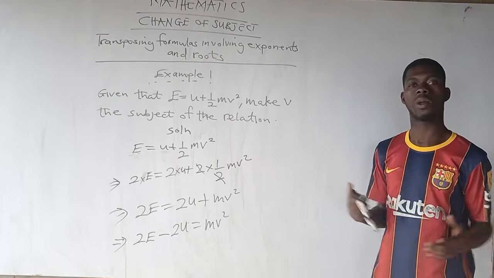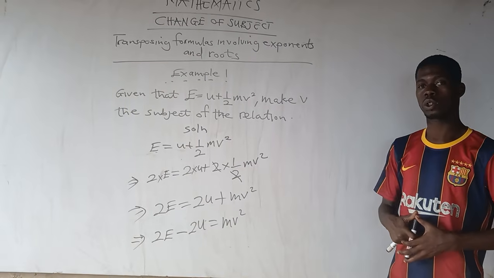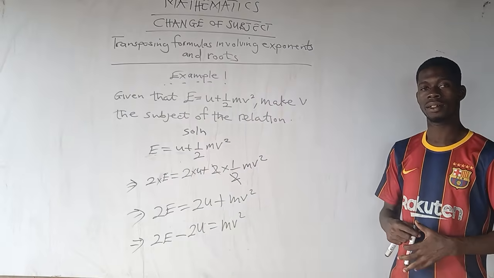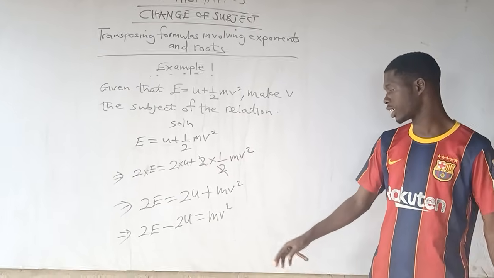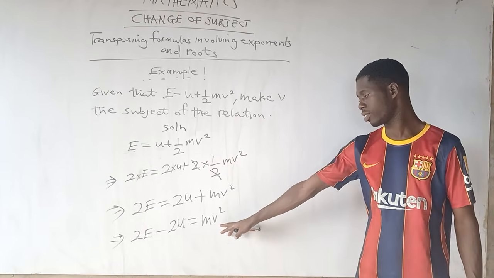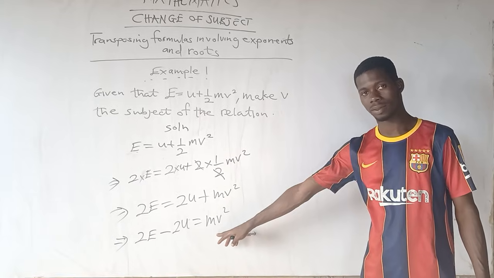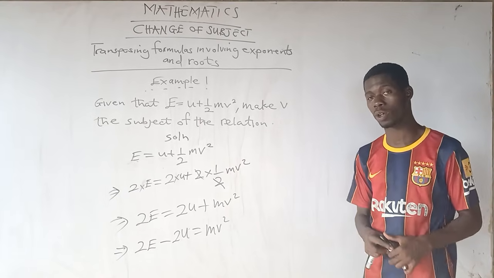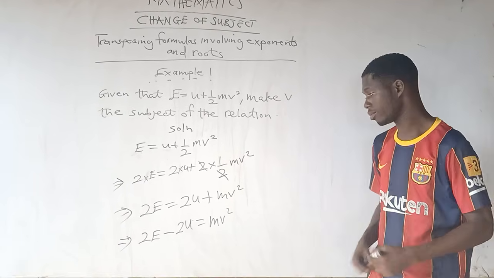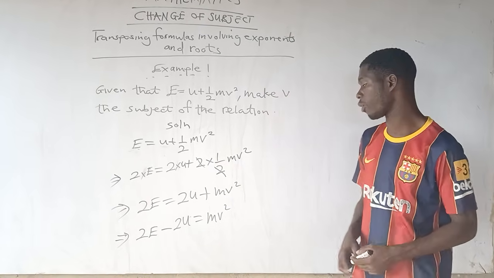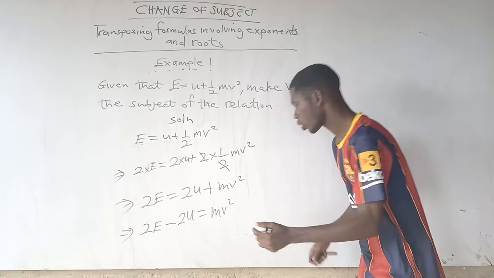Okay, so you are looking for v, right? So you're supposed to divide each term by the coefficient of v, which is m. All of them divide by the coefficient of v, which is m.